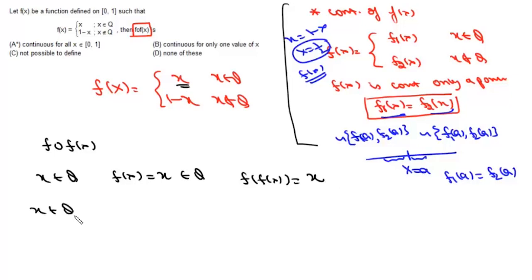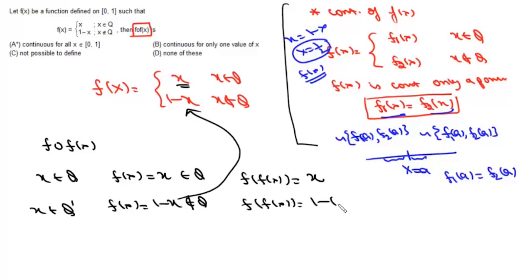When x is irrational, f(x) is 1 minus x, and 1 minus x is irrational, so it will go to 1 minus x again, and then f of f(x) will be 1 minus (1 minus x), which is x. So whether rational or irrational, f of f(x) will always be x. That means it is continuous for all x belonging to 0 to 1, and that's your option A.